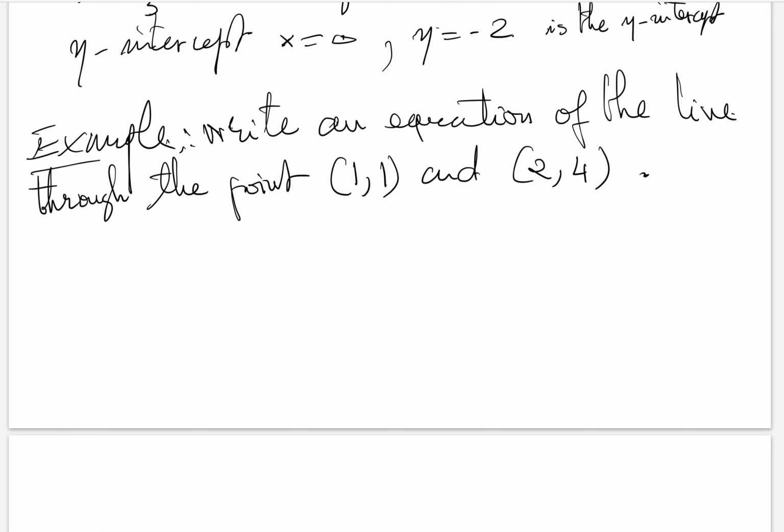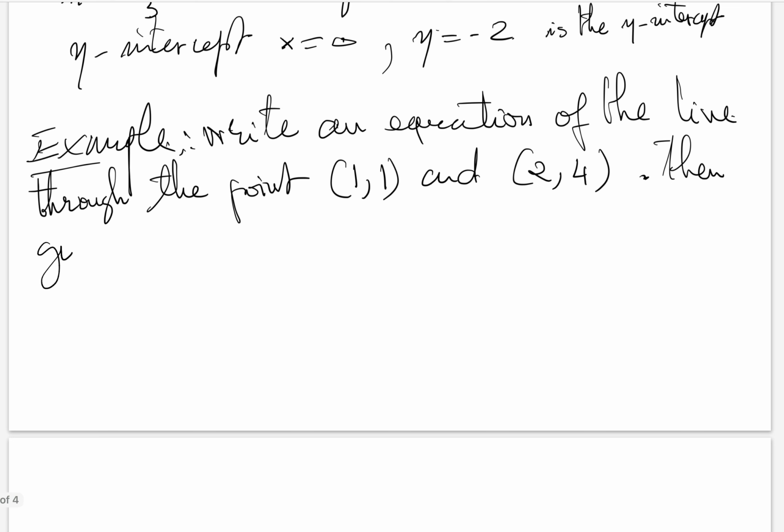And they ask you then graph. And remember, I did teach you about how to graph the linear equation. But let's do it again. Then graph the line. Okay, I mean the equation, just the line. So let's do. So you have 2 points here. So first of all, you have to find the slope.